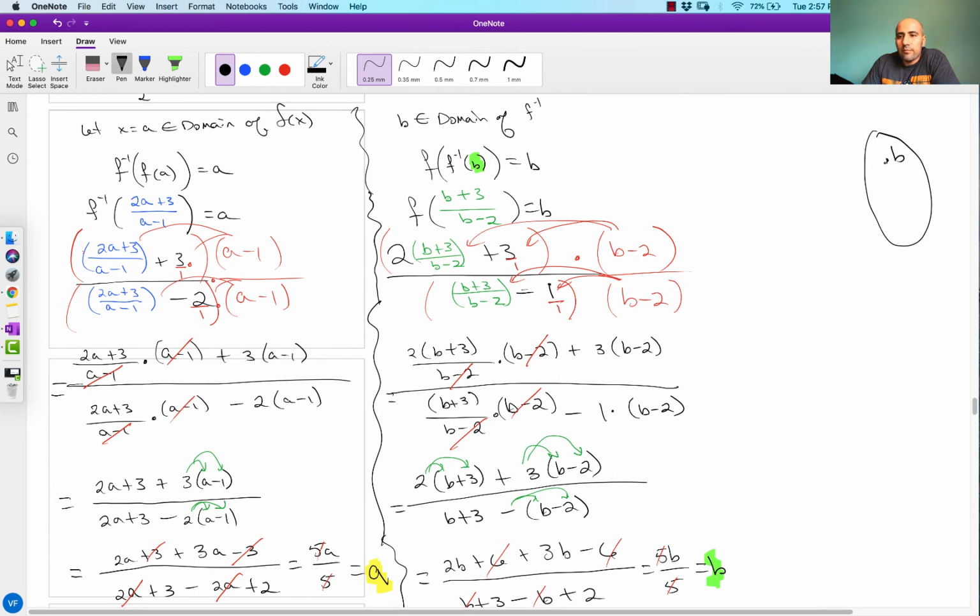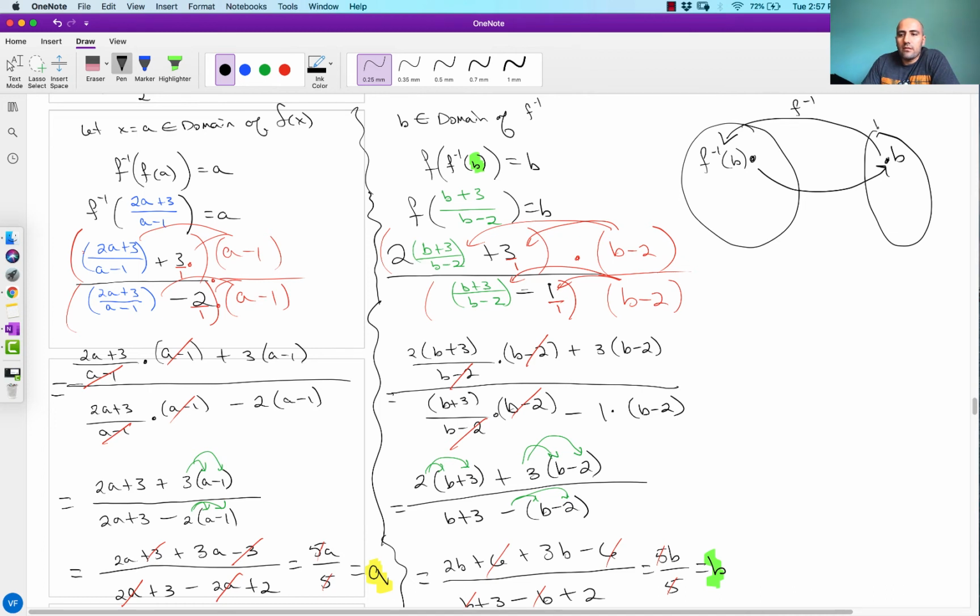I started off with b, and then I applied it to the inverse function, f inverse, and that led me to some f inverse of b, which is equal to this little equation. There's nothing else we can do to it, so it's just some f inverse value that's over here. And then I took that guy and plugged it into the f function, and it brought me right back to b.